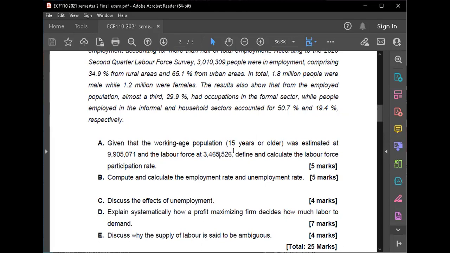The answer should be multiplied by 100. Yes, you get to multiply by 100. 35%. Yeah, so that is the answer there. So whatever you find, just multiply by 100 when you divide the two.